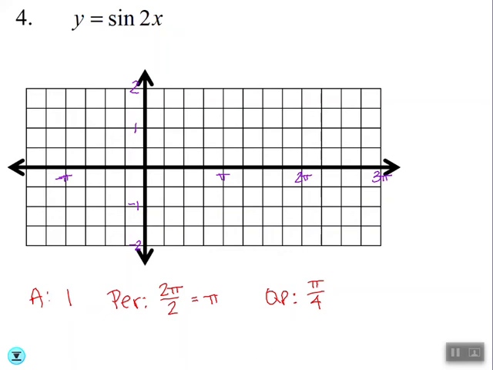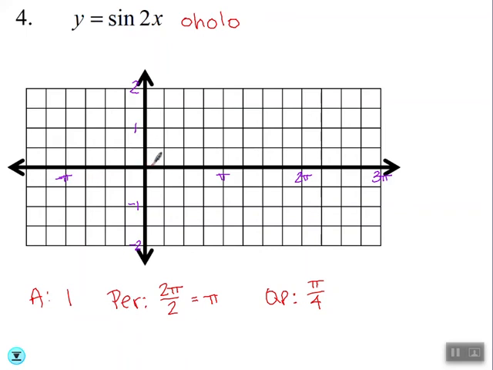Now, since our period is pi, that means I need to complete a full cycle of the sine curve by the time I get to pi. Since we have a sine curve, a trick to remembering how the graph looks: you start at 0, then you go high, 0, low, 0.